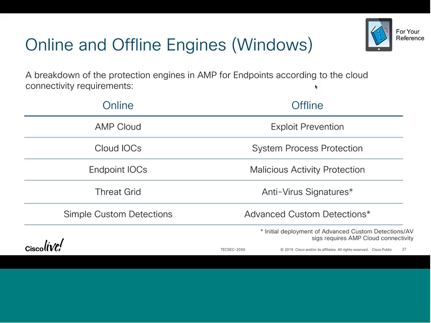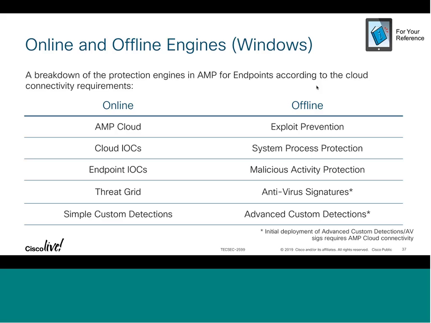When you are disconnected from the cloud, what you've got is the exploit prevention engine, if it's enabled, system process protection and malicious activity protection, if enabled, your offline engine with Tetra and your AV signatures, and then advanced custom detections, which do get pushed to the connector as a rule set. Therefore, ACDs, unlike the simple custom detections, are active even if you're off the grid.